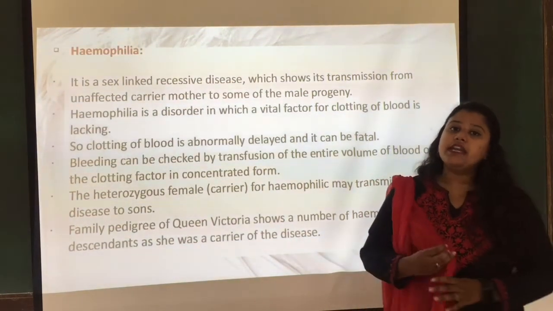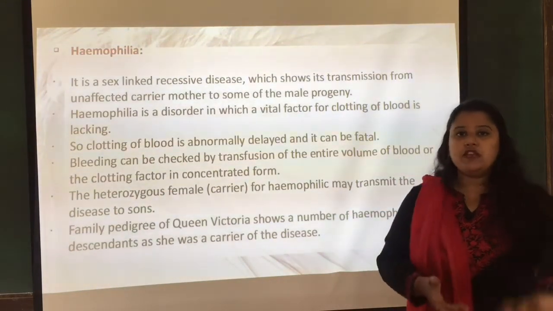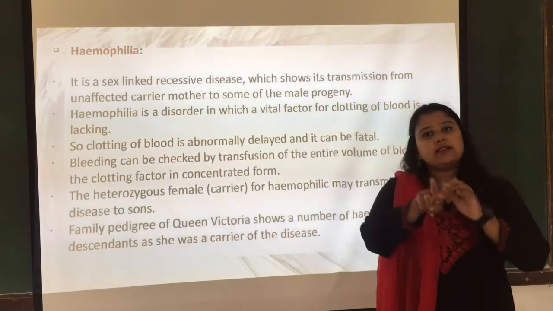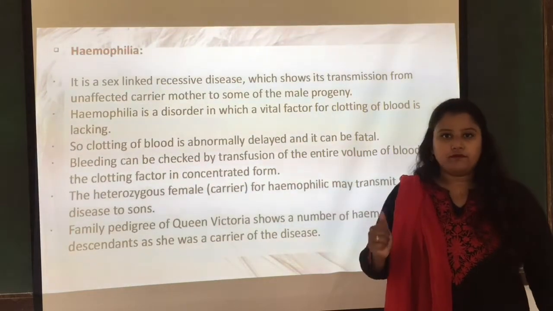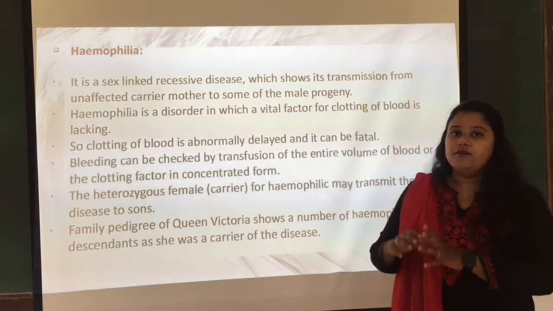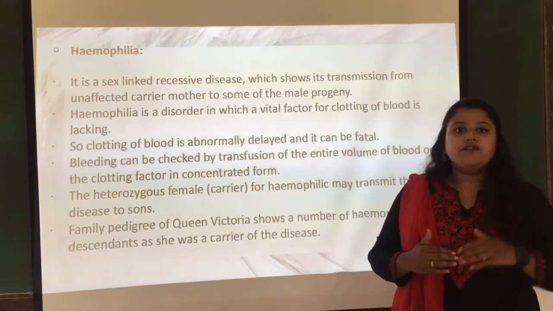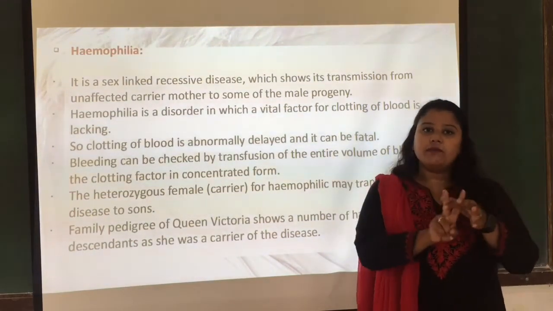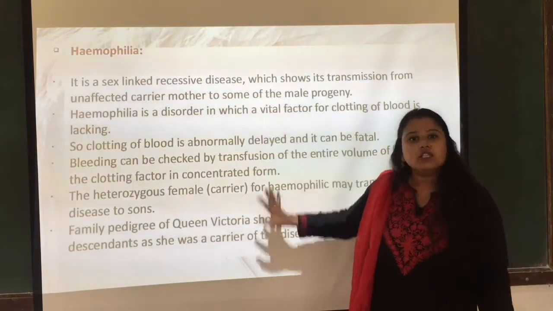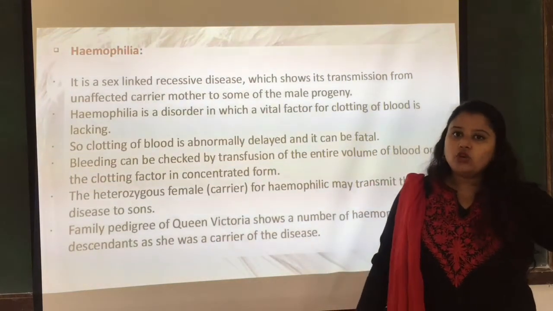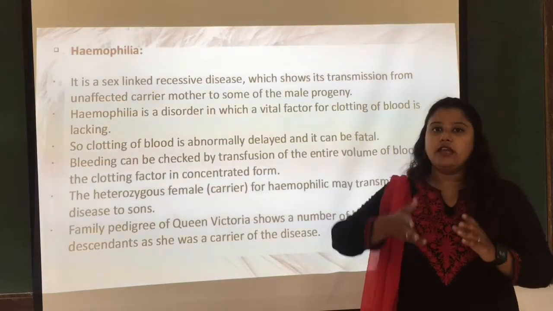Now she is having XX, right? And the male is having XY. When the X comes, one will be from the mother and one will be from the father. If from the female, both of them are same, that is XX, so both the genes are going to contain the hemophilia genes, right? If X comes from the male, it will be female. If Y comes, it will be male.